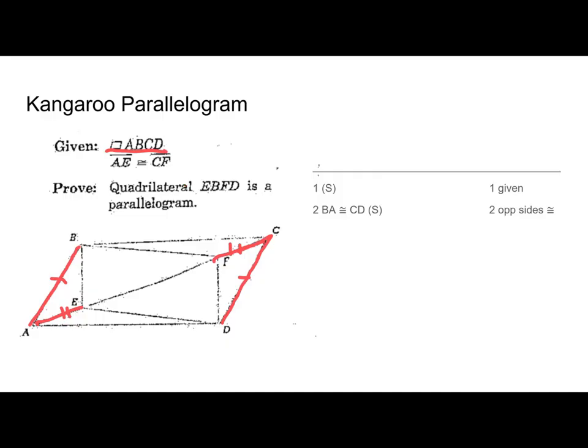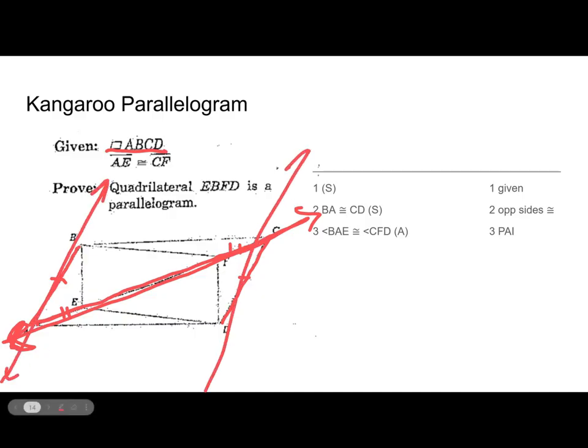And the last thing that we're going to need is an angle in here somewhere, or the third side. Where are we going to find that third side or angle? We're going to find that using PAI. If you look at this here, sometimes it helps to draw the lines all the way out, I find, and actually look at it like the original diagram. So it's kind of turned on its side here.